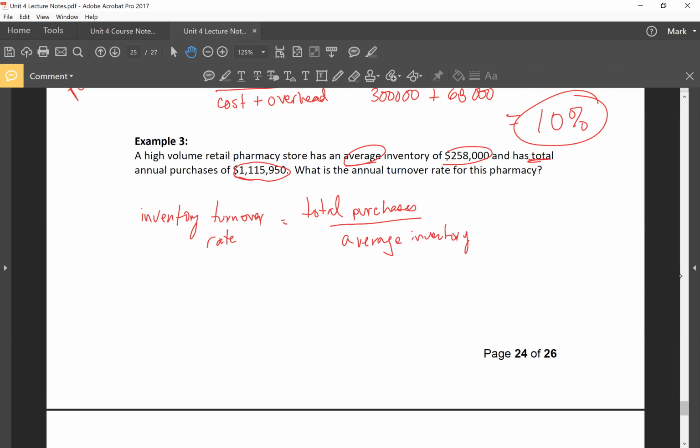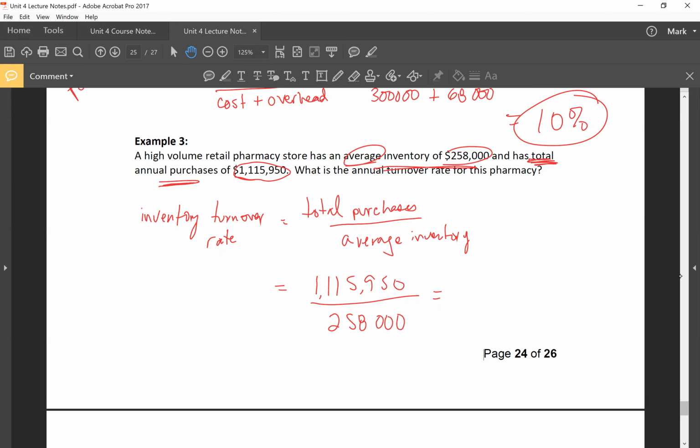Now, total purchases are 1,115,950 divided by my average inventory, 258,000, and I'm done. This will be about 4.